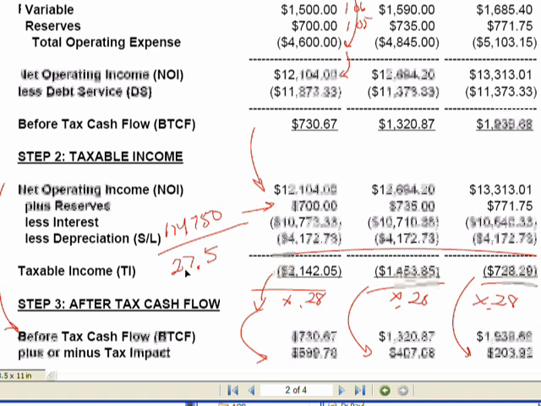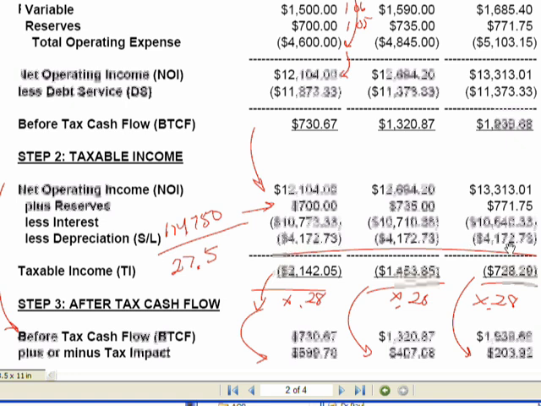And our depreciation recovery period was 27.5 years. So if you take $114,750 and divide it by 27.5, that gives you $4,172.73. That's the amount of depreciation we can take each year as investors. And that's straight line depreciation.